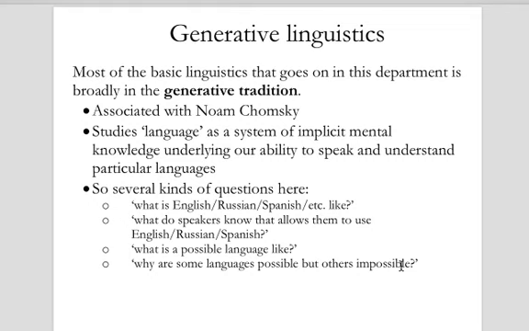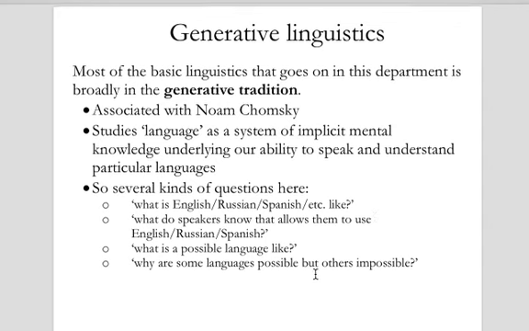It's a way of seeking an answer or a set of answers to these questions of the form, why do we see these languages but not these other languages? So universal grammar is part of the answer within the generative linguistics tradition, and that's sort of the ultimate high-level goal of the undertaking. But that said, most of the day-to-day work that generative linguists do, just like every other linguist, is going to be at one of these lower levels of explanation, right? Most people are not working on universal grammar in their day-to-day lives.